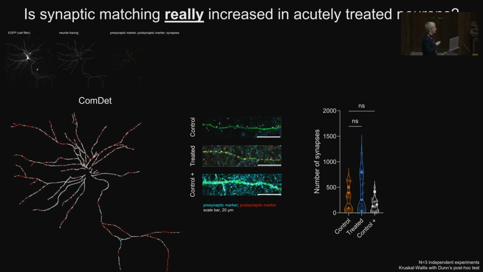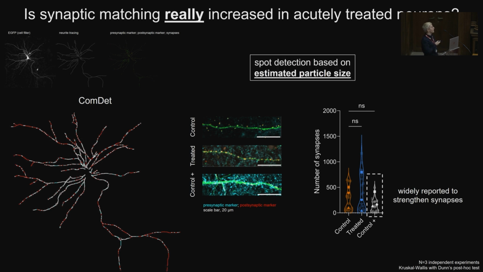Indeed, we didn't observe a significant difference at first, but the warning sign was that even the positive control was not responding to the treatment with this molecule, which is strongly reported in the literature to increase synaptic numbers, and this was not recapitulated by our analysis.